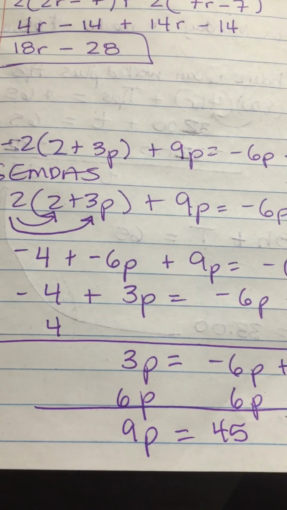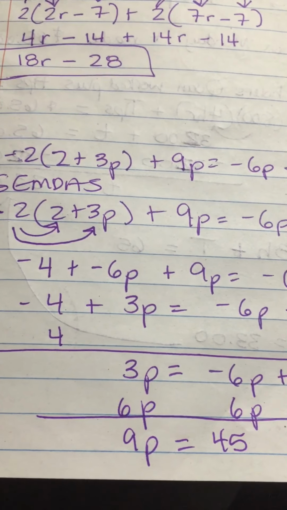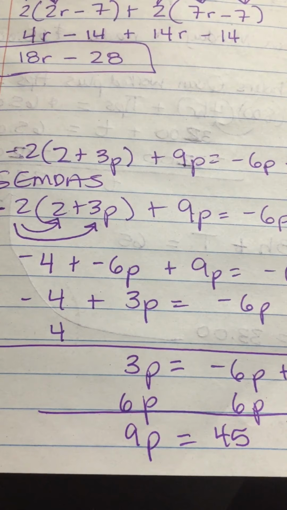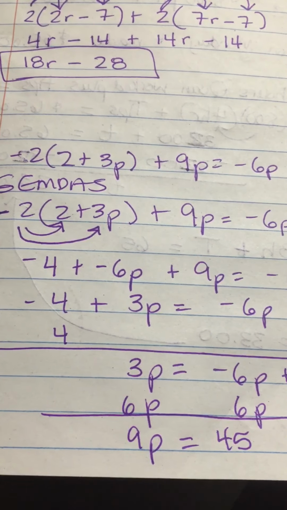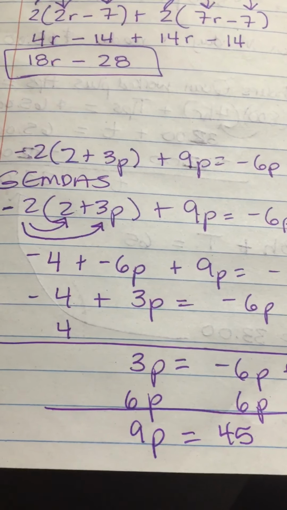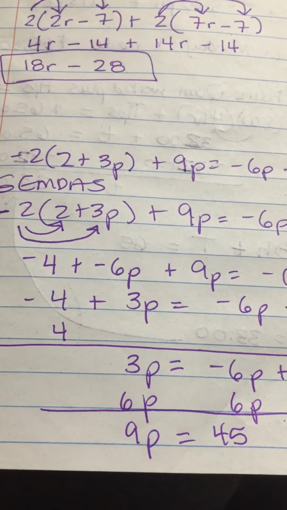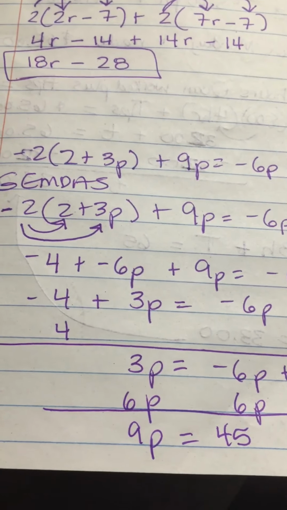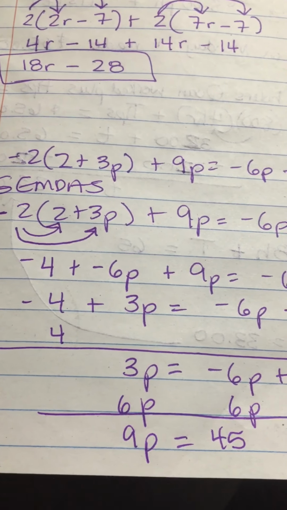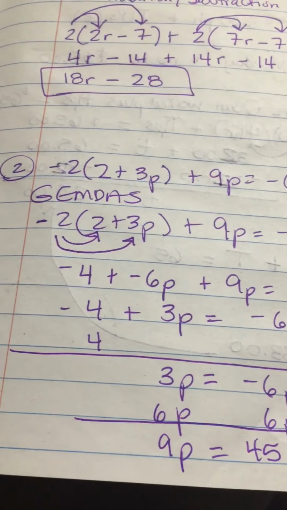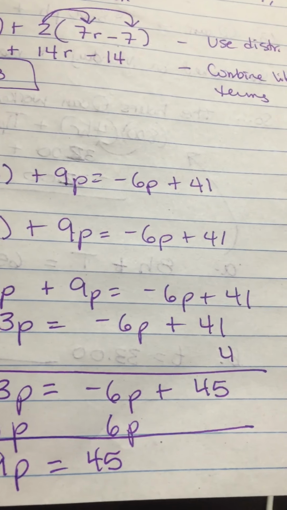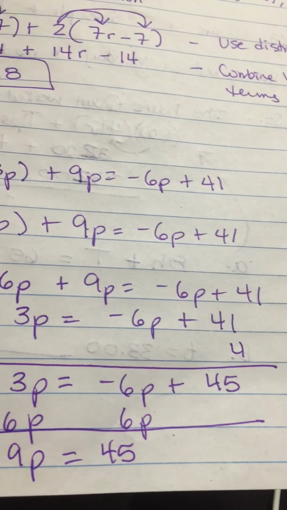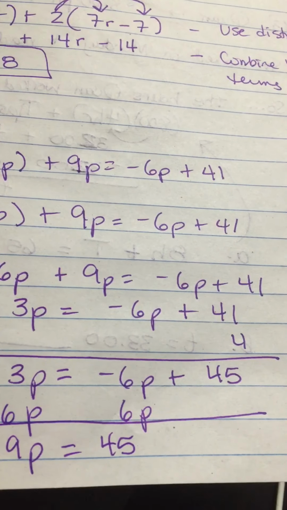When I combine negative 6p and 9p, my answer would be a positive 3p. So on the left-hand side of my equation, I have negative 4 and a positive 3p. On the right side, I have negative 6p and a positive 41.